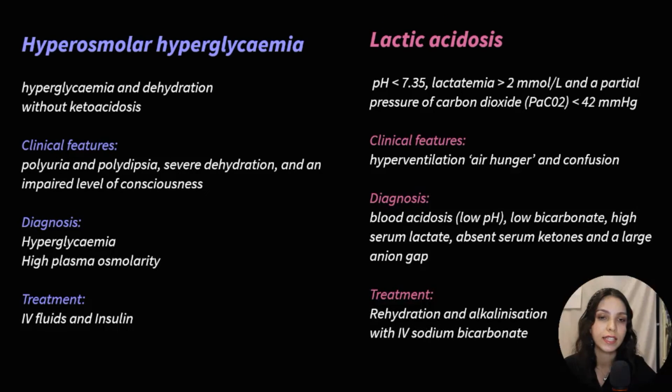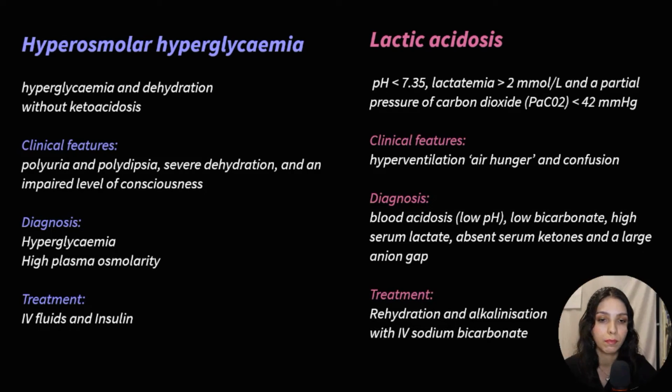Okay, next is lactic acidosis. It's when pH is less than or equal to 7.35 and lactatemia greater than 2 millimole per liter with a partial pressure of carbon dioxide less than or equal to 42 mm mercury. Clinical features are hyperventilation, like air hunger, and confusion.